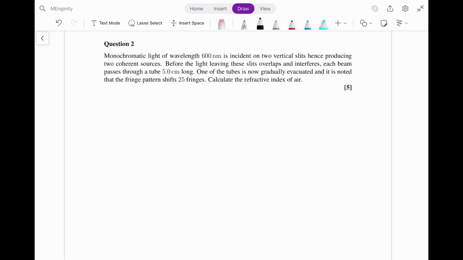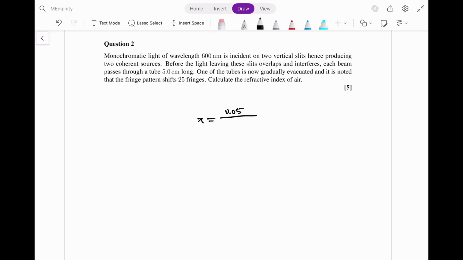So, the wavelength and then pass through. Okay, so initially, let's see how many wavelengths can actually fit. So basically, the number of wavelengths, let's say x, is basically equal to 5 centimeters, which is 0.05 meters, divided by the wavelength of the monochromatic light.